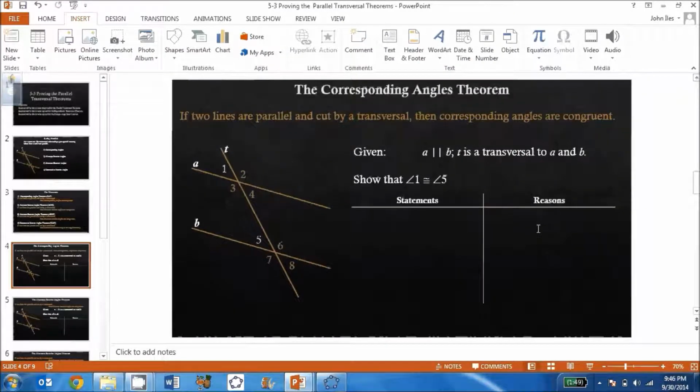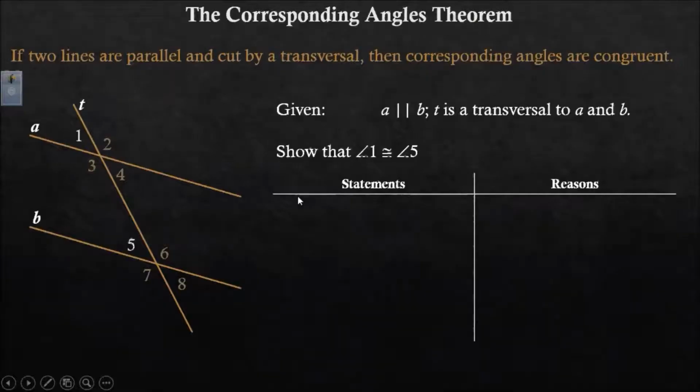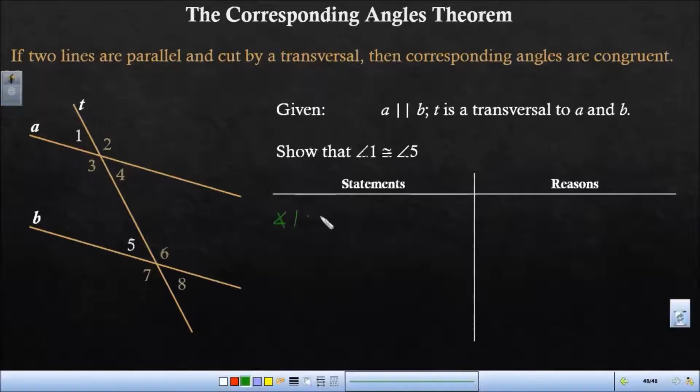essentially that, here we are, gotta hop back into the slideshow. Alright, so we would say then that angle 1 is congruent to angle 5 by construction. This is the only one where this is an acceptable build. All the rest of them you have to prove otherwise.